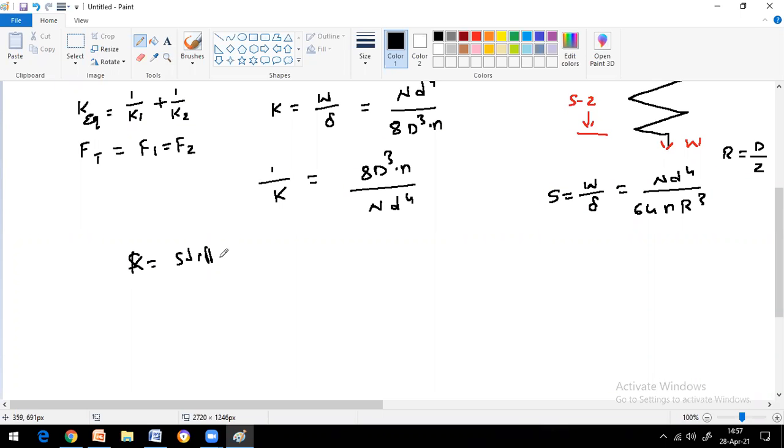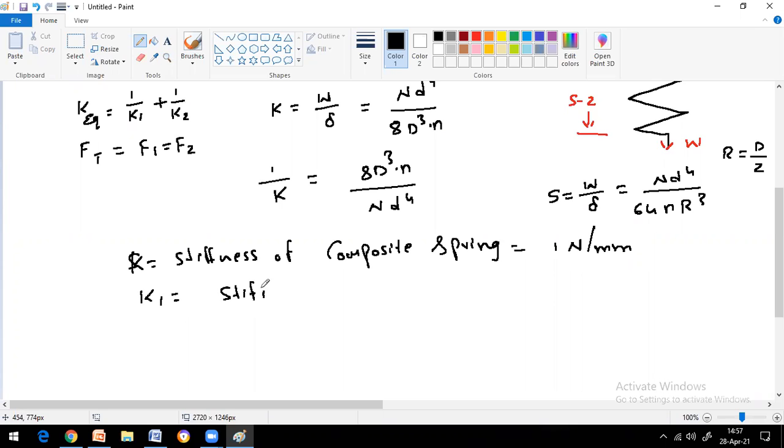K is equal to the stiffness of the composite spring, which is 1 Newton per mm, already given. K1 is equal to the stiffness of spring 1. K2 is equal to the stiffness of spring 2.